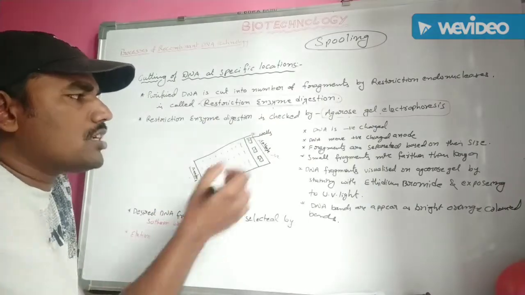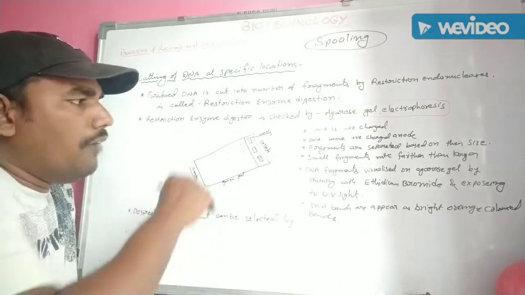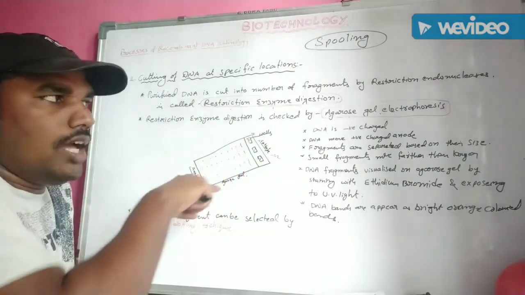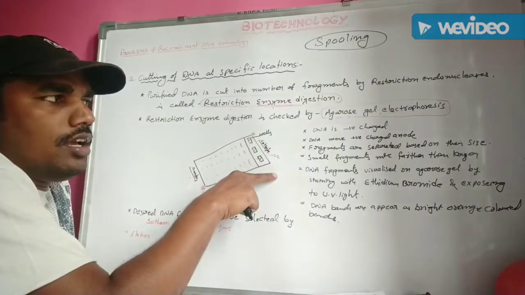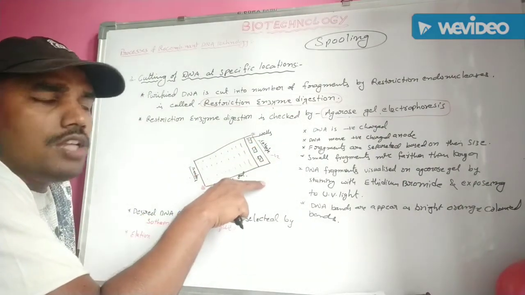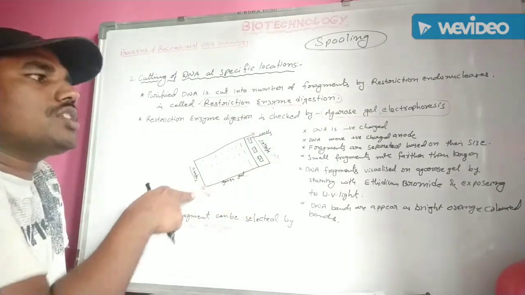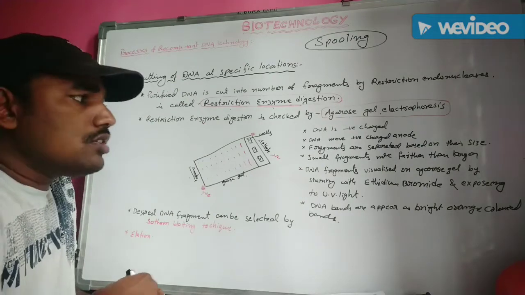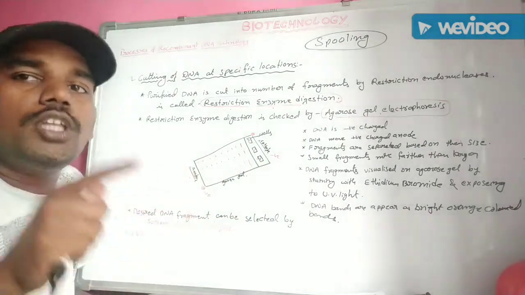These fragments are poured in these wells with the help of the micropipette. After powering the agarose gel electrophoresis, the DNA is negatively charged, so the DNA moves towards the positively charged anode regions. This means the DNA fragments are separated based on their size.